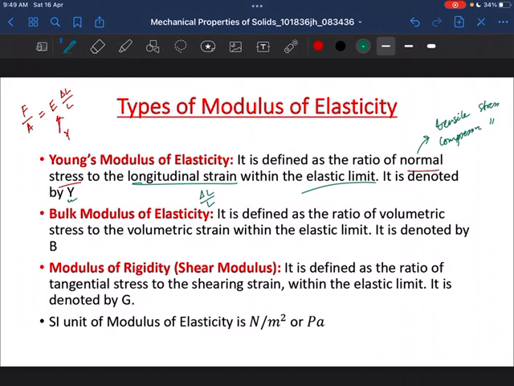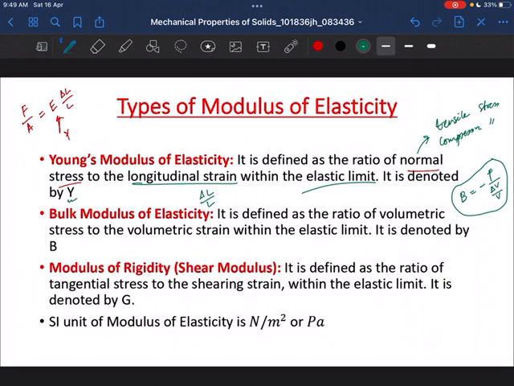Now bulk modulus. We have studied bulk modulus of elasticity in the case of volumetric stress. For this, B was given by minus P divided by del V by V. This was the formula for volumetric stress.